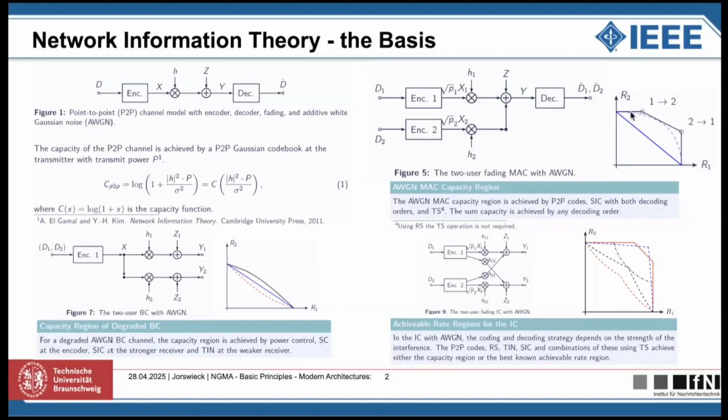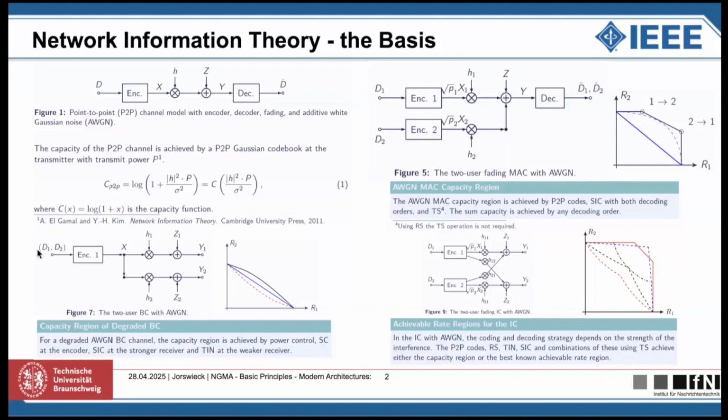In order to achieve the complete capacity region, which is this pentagon here on the right-hand side, what is needed is time sharing between these two operating points indicated by the circles. Time sharing means that we transmit a certain percentage of the code word using one strategy and then switch to the next one.